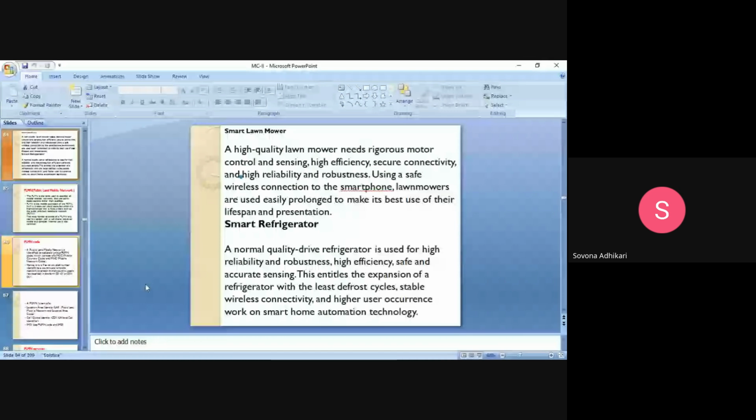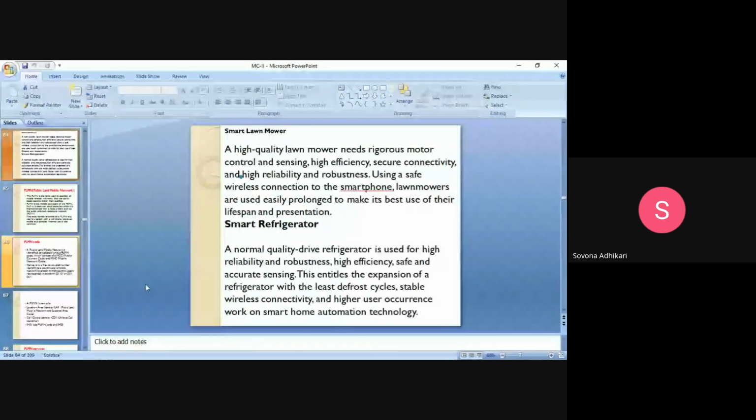Using a safe wireless connection to the smartphone, you can control your lawn mower by sitting in your home using your smartphone.